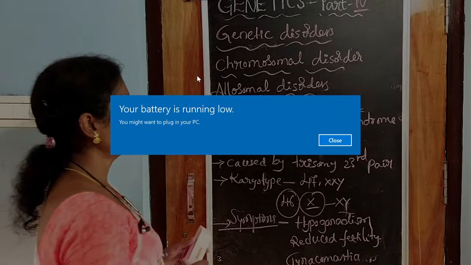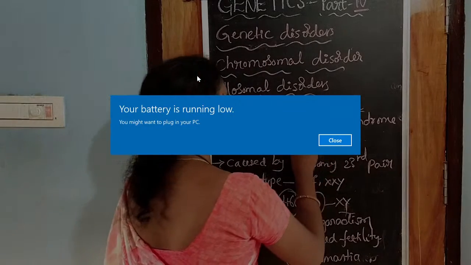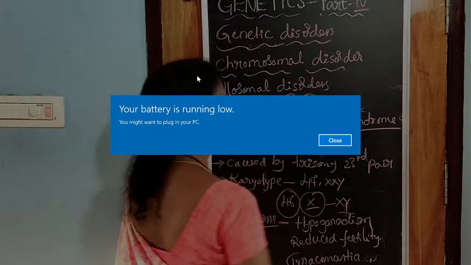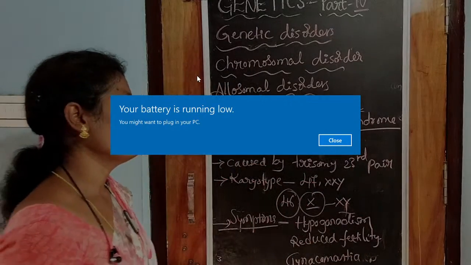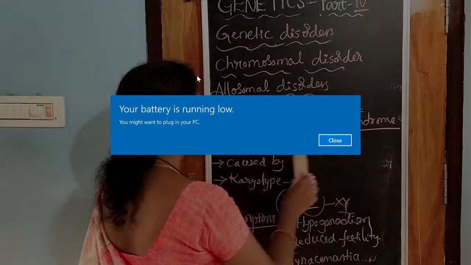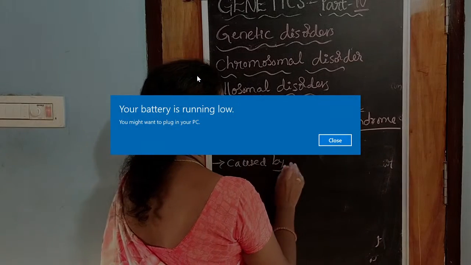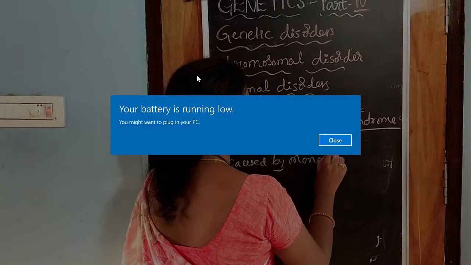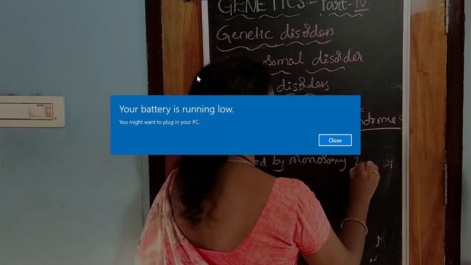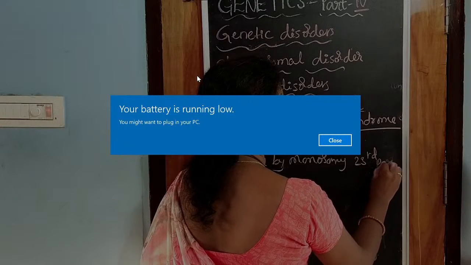After that, Turner syndrome. Turner syndrome is caused by the monosomy of the 23rd pair.